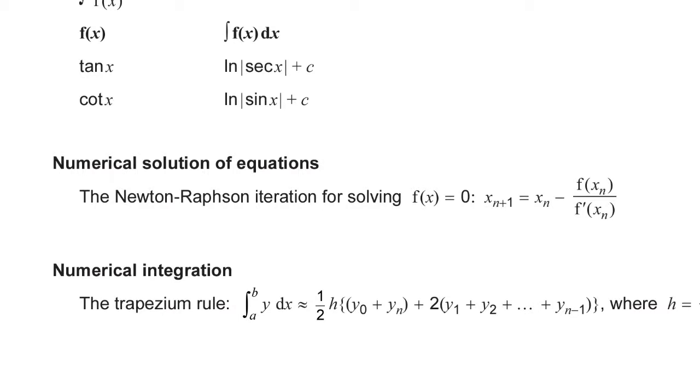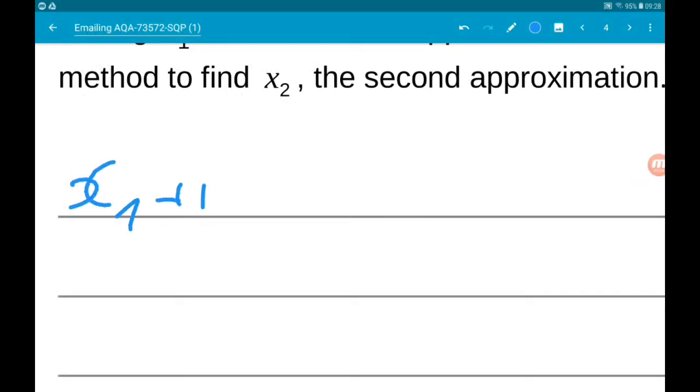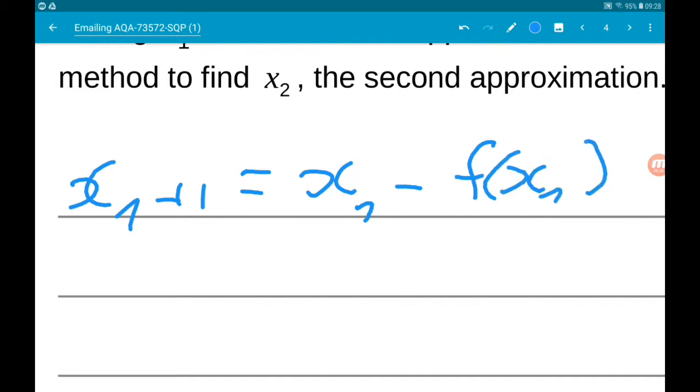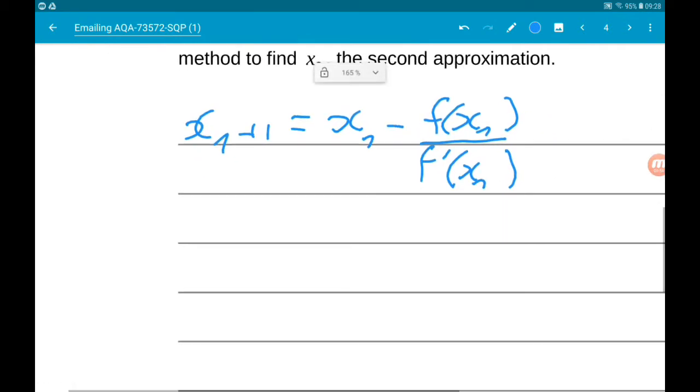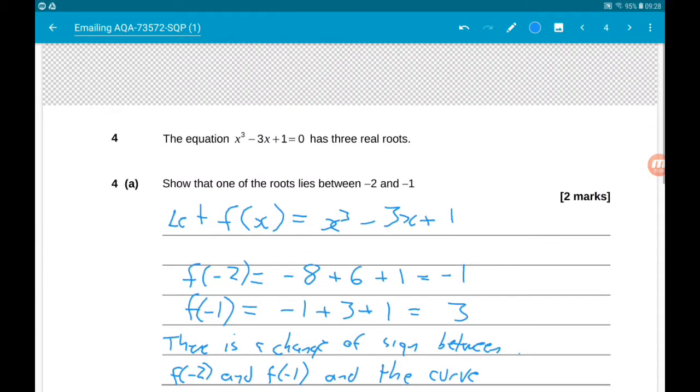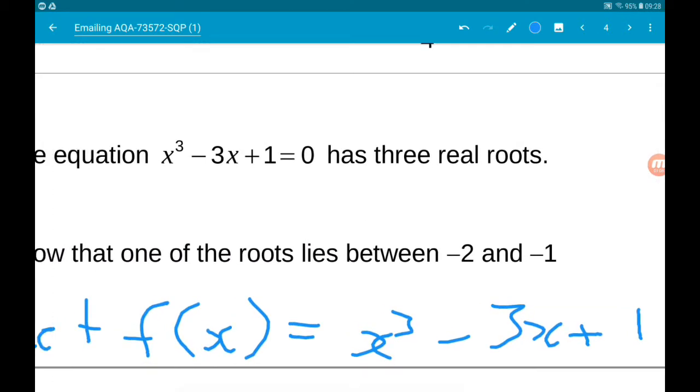So xn plus 1 is equal to xn minus f of xn over f dashed of xn. So we first of all need to find the derivative. So f dashed of x is going to be 3x squared minus 3.